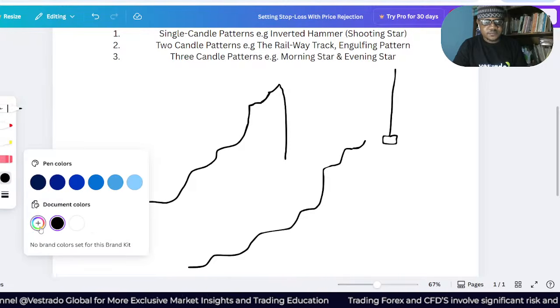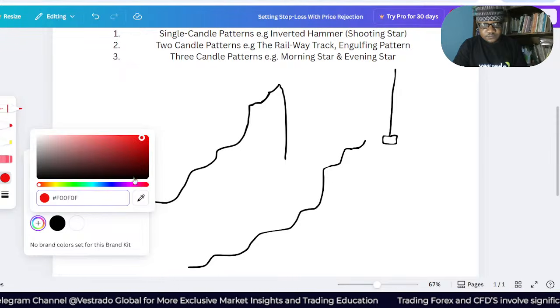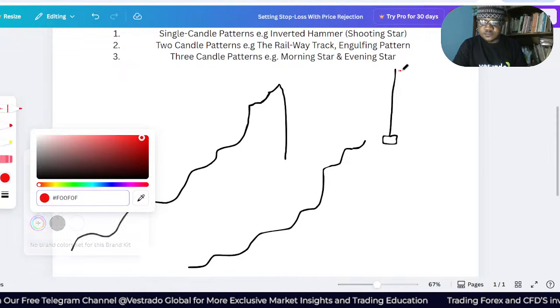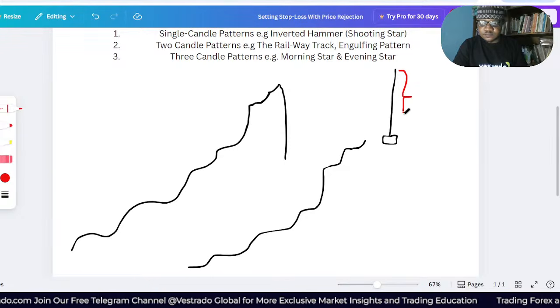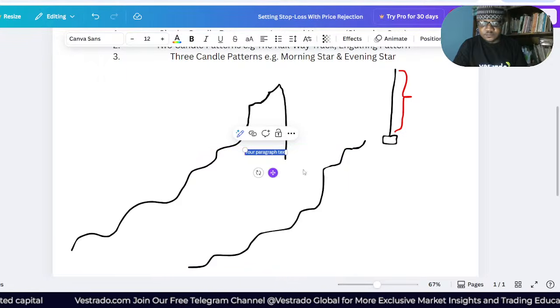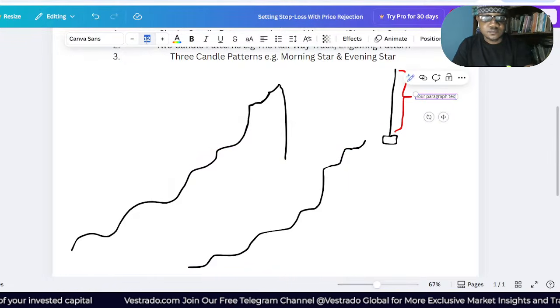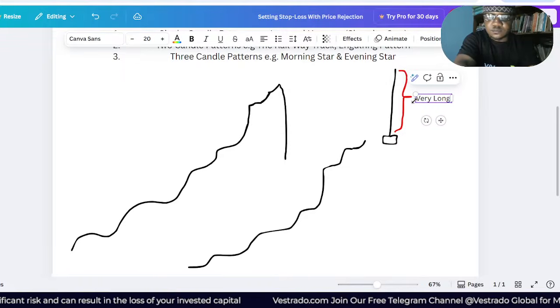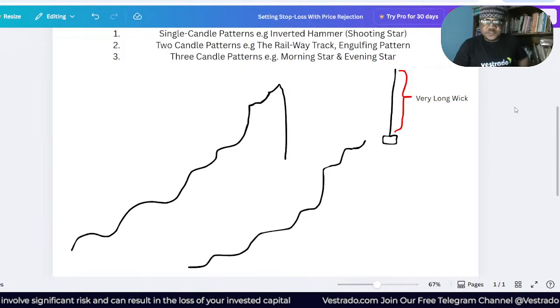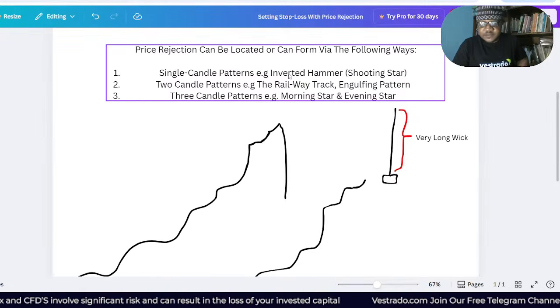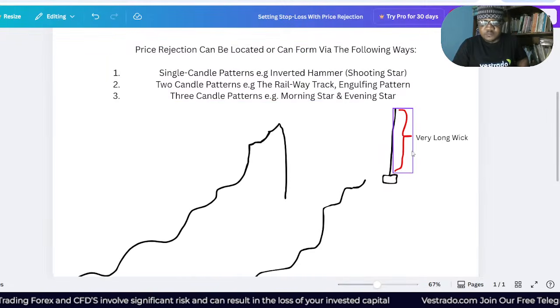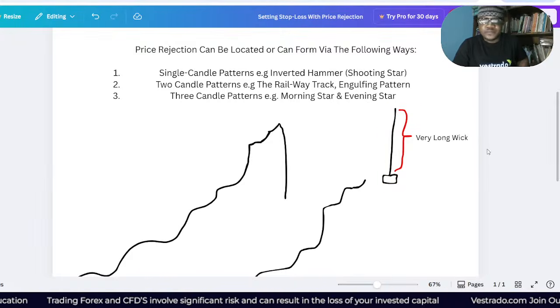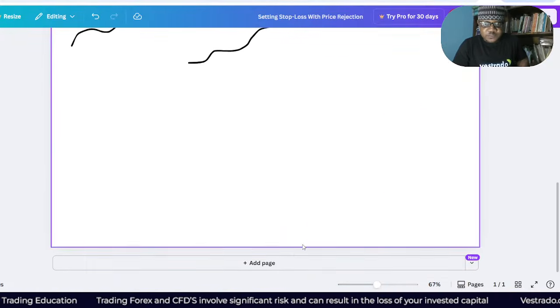Very long wick. That's for single candle pattern. And what's the example I gave there? The inverted hammer or the shooting star. That's exactly what you have right there.